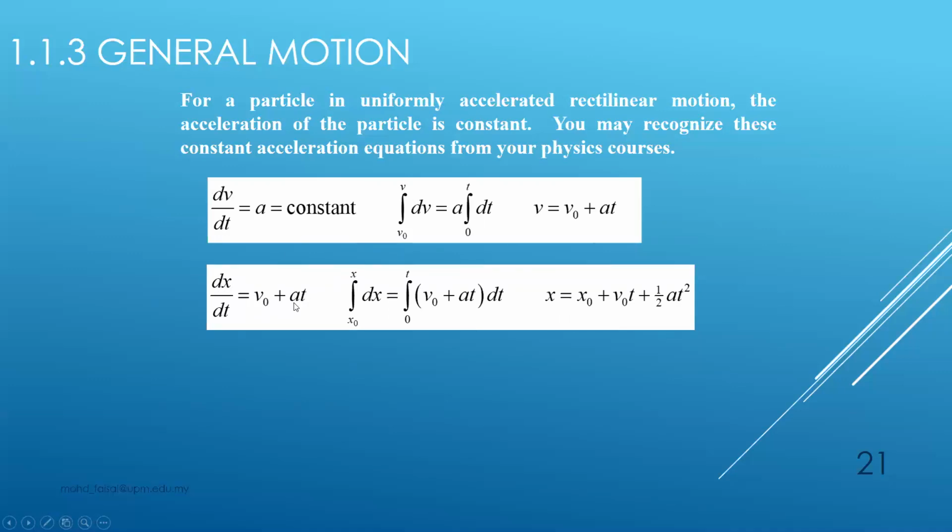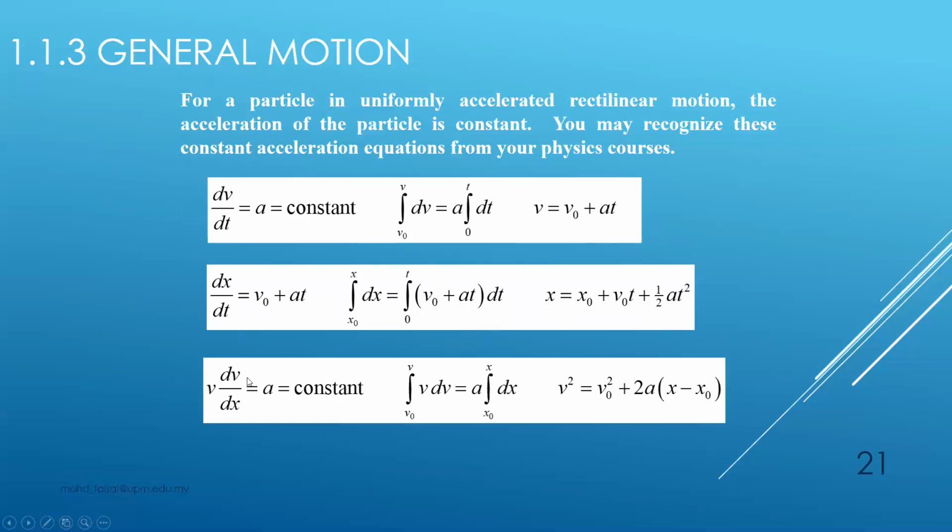So we can replace this dx/dt into this formula for v. Then you do the math, and you will write this long expression like this. And if you analyze this one with respect to time, and this one with respect to the position itself, then you will arrive at this particular formulation.